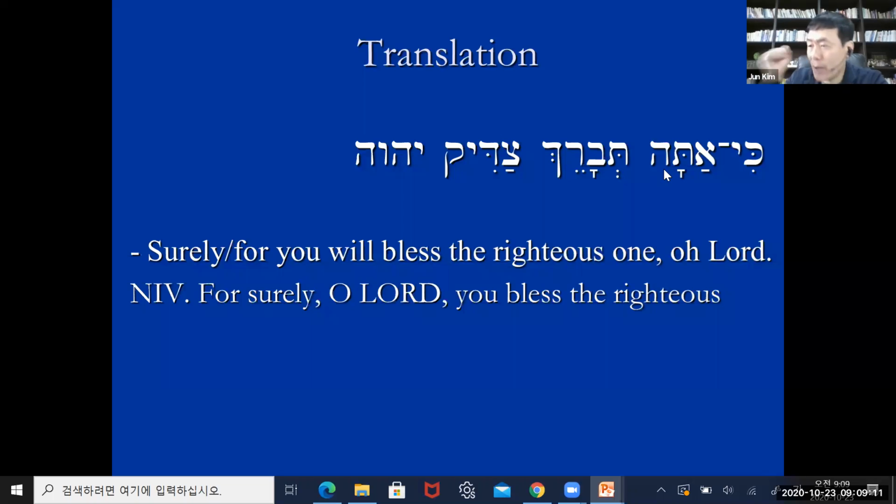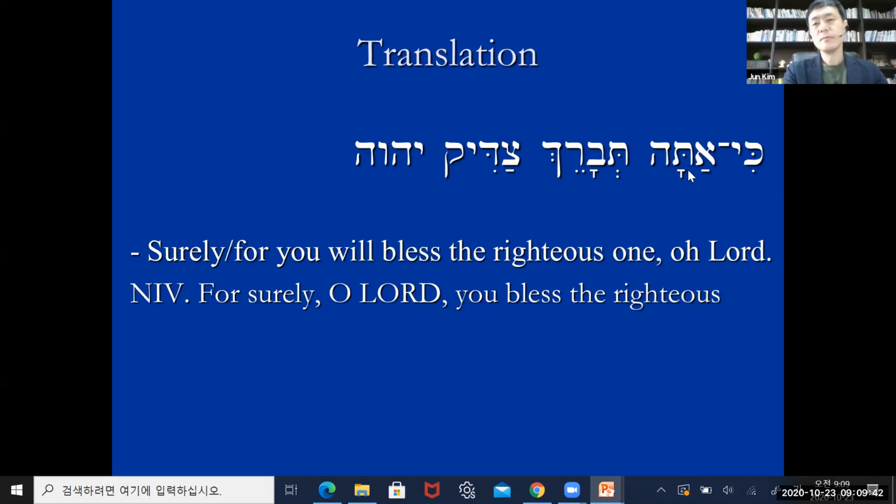Then you need to put the emphasis, saying surely. The word surely is not coming from key, but sometimes key itself can be translated as surely or for or but. But here I prefer to have because or for, especially for the word key. Okay, so then let's move on.